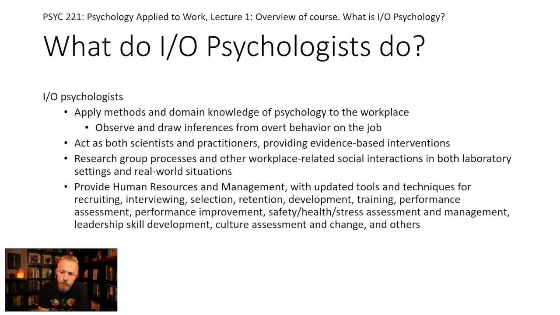And then one of the big things IO psychology does is work with management and human resources, and many people within human resources of large companies are in fact IO psychologists. So all the tools and techniques for recruiting, the interviewing methods and selection criteria, and what we're doing to retain people and develop people.